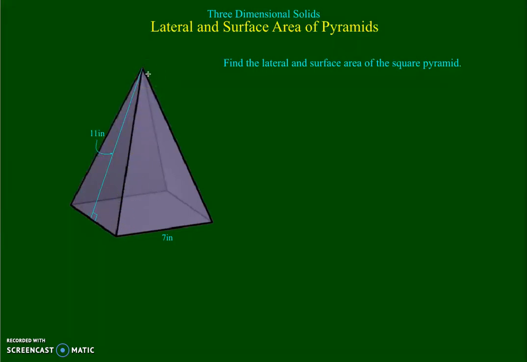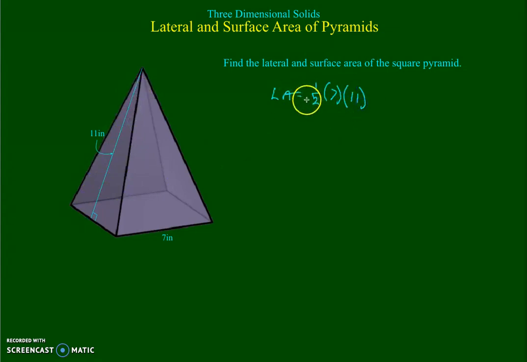So what we have then is, let's say lateral area is equal to 1/2 the base, which is 7, times the height. Now the height of this triangle is 11. That's the slant height of the triangle.